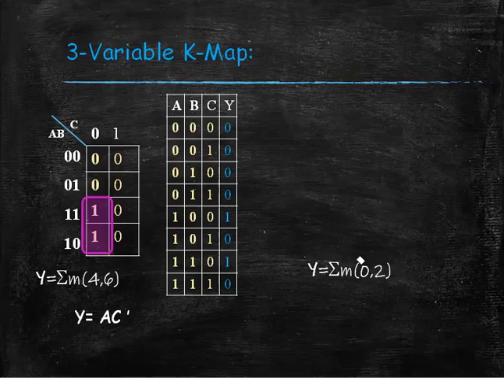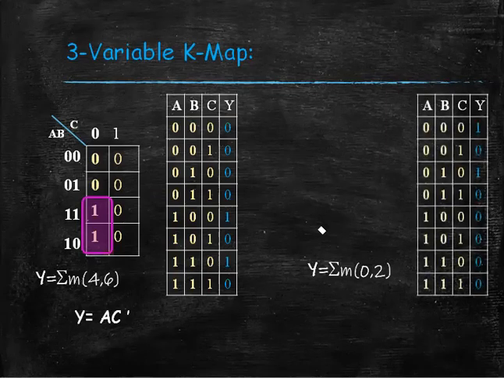That is, the output is high for 0 0 0 and the output is high for 0 1 0. Then we can construct a truth table like this. Here 0 0 0 is high and 0 1 0 is also high.